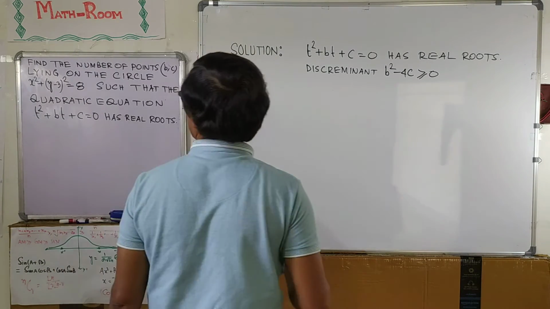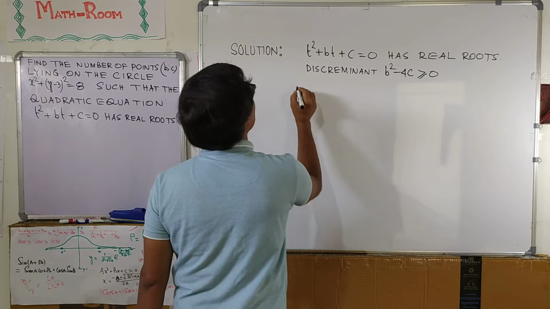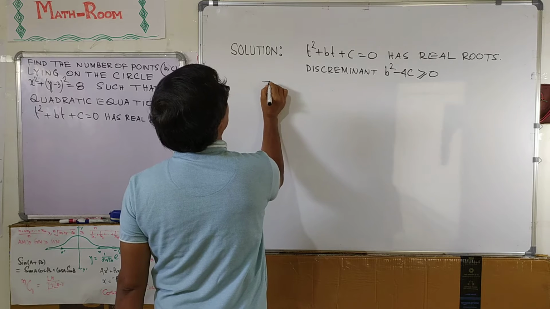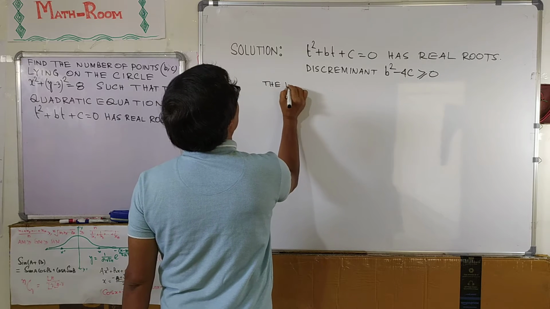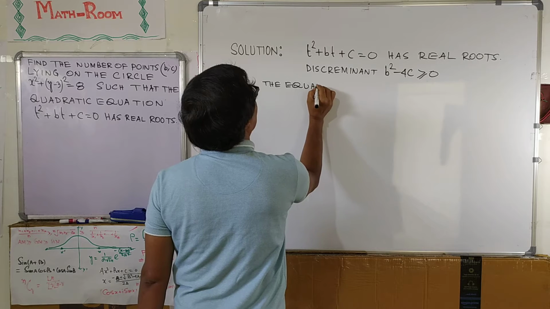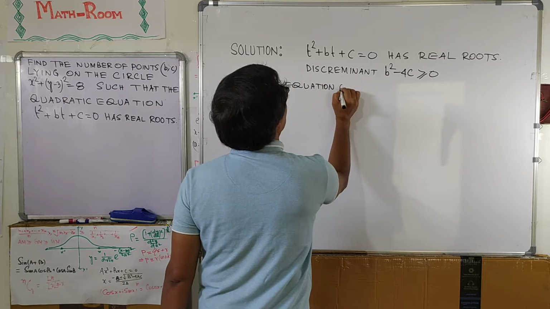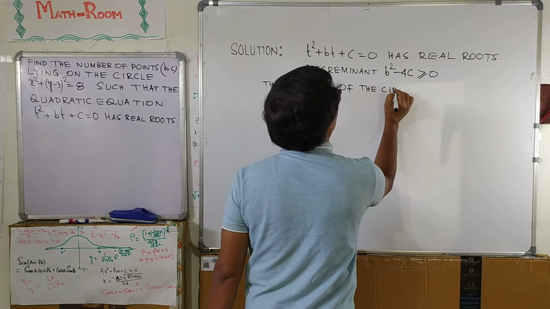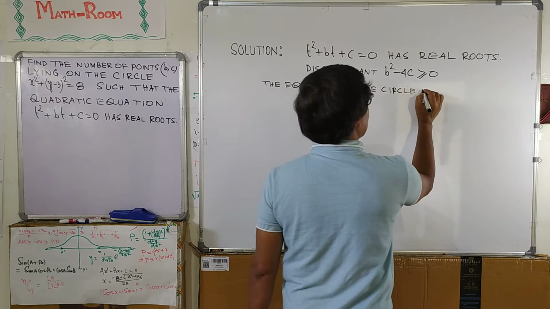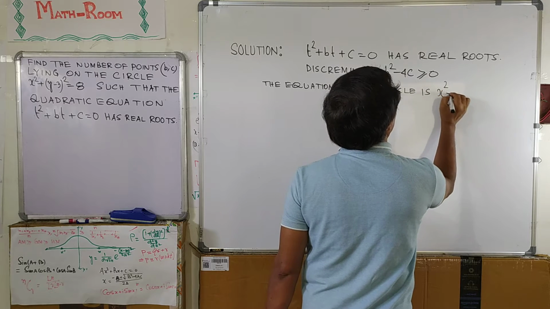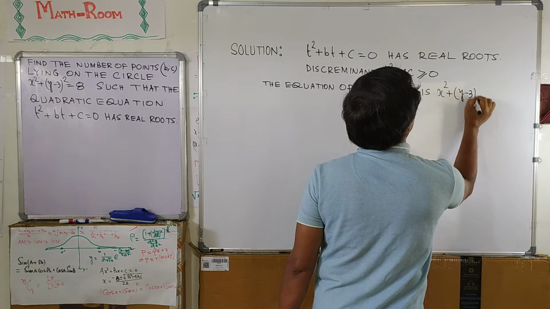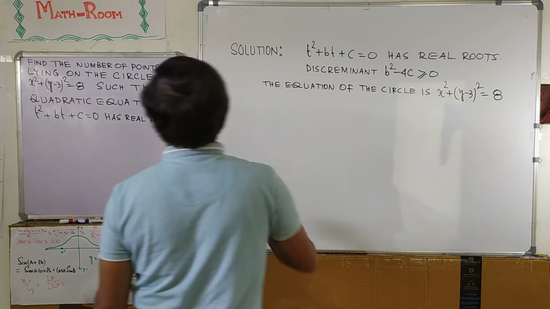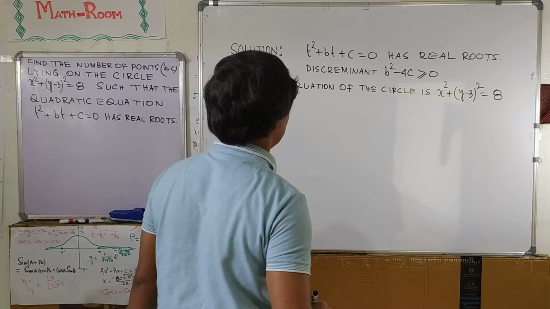Now, again we write down the equation of the circle. The equation of the circle is x squared plus (y minus 3) whole squared equals 8, and the point (b, c) is lying on this circle.